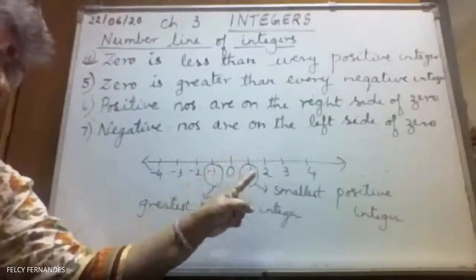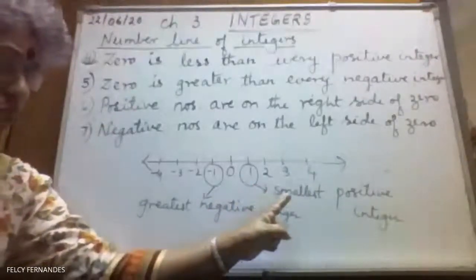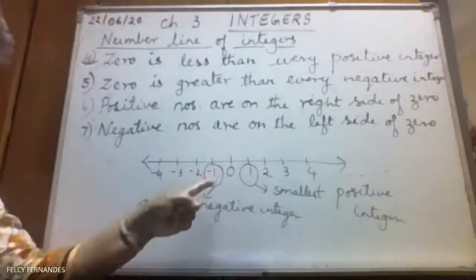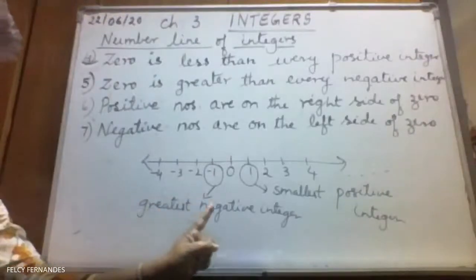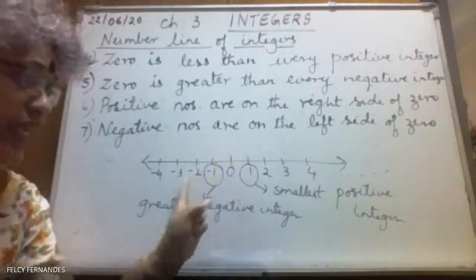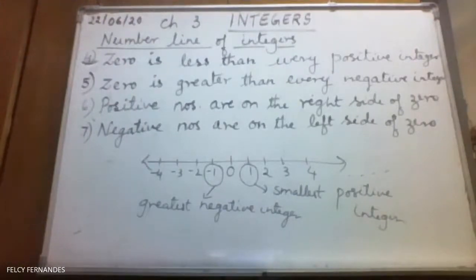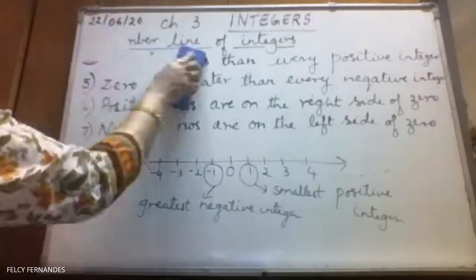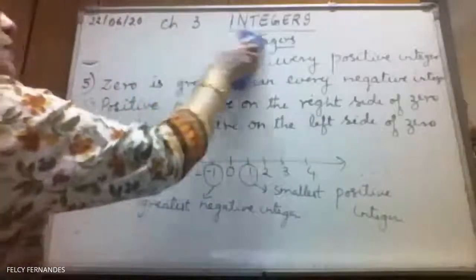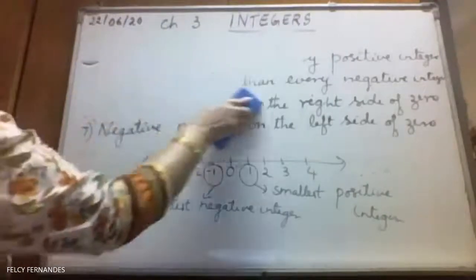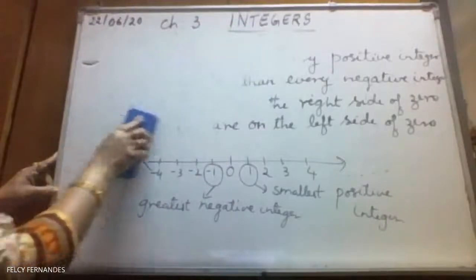For 1 you circle and write an arrow, smallest positive integer, and an arrow over here, greatest negative integer. Complete this diagram right now.